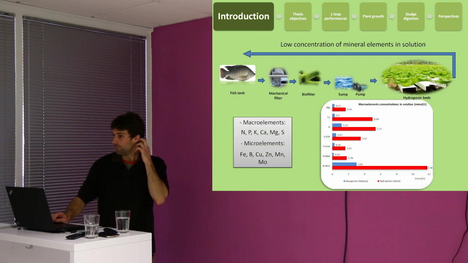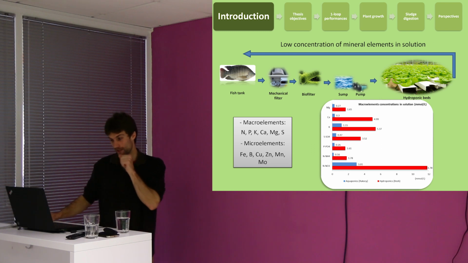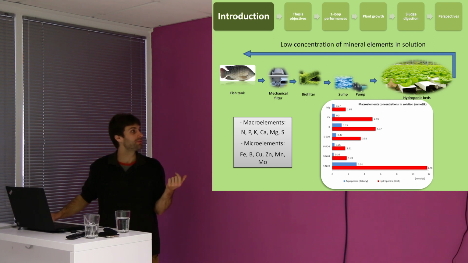So, for example, the first thing we have to look at is all in this water loop: the macro elements and the micro elements we need to grow the plant. So I looked at all these nutrients. Here you can see in red, it's the hydroponic standard, the concentration in the hydroponic solution for lettuce.